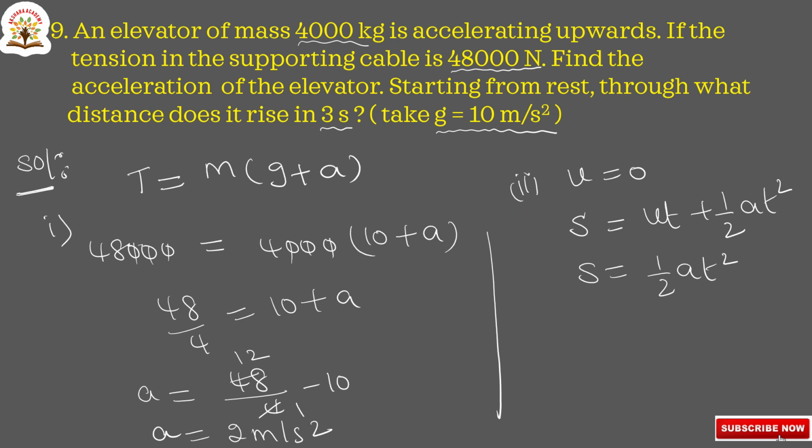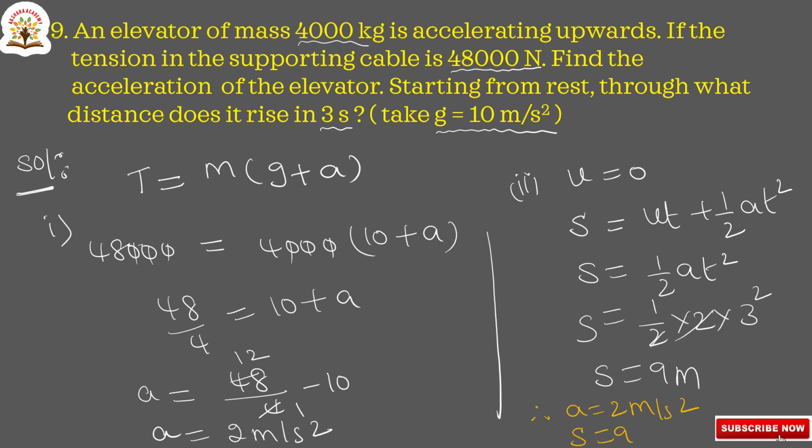Substituting values, that is equal to half into 2 into t, here they have given 3 seconds, 3 square, 2 gets cancelled, 3 square is 9. So S is equal to 9 meters. Therefore a is equal to 2 meters per second square and S is equal to 9 meters. What distance does it rise in 3 seconds? 9 meters. Okay, next we will go to the next question.